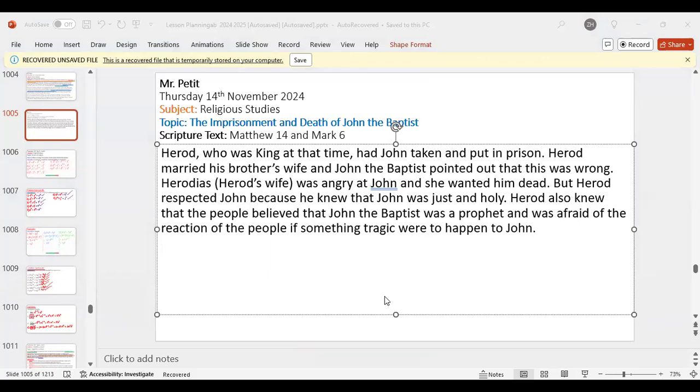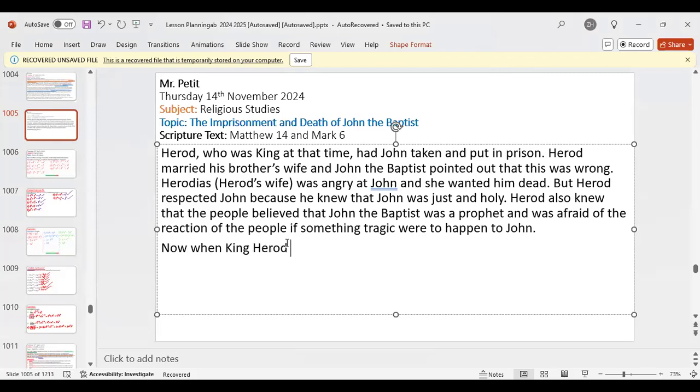It was Herod's birthday. Whose birthday was it? It was the king's birthday, and that was the time when the daughter danced in front of all of them.